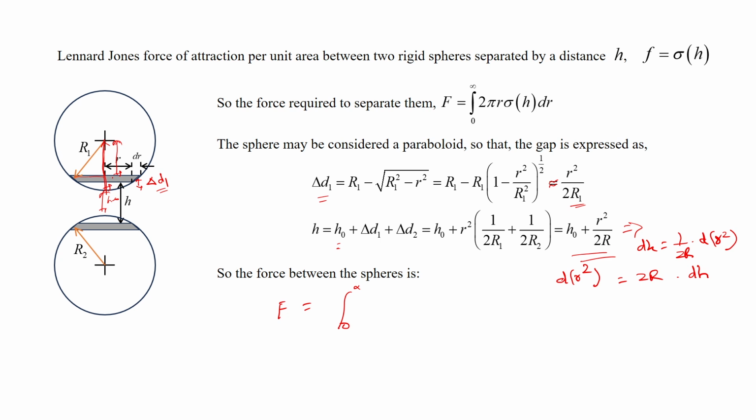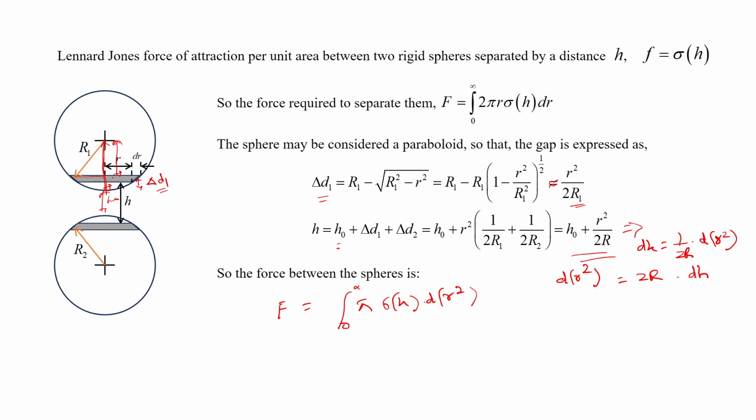So, here F will be equal to 2 pi r into sigma h into dr. So, here I will write something like this, pi and this is sigma of h into d of r square.